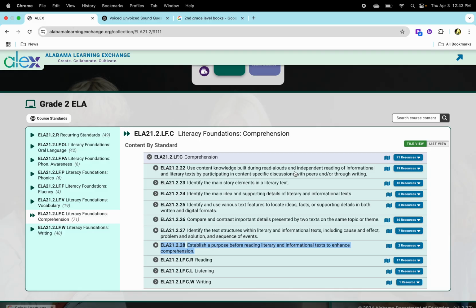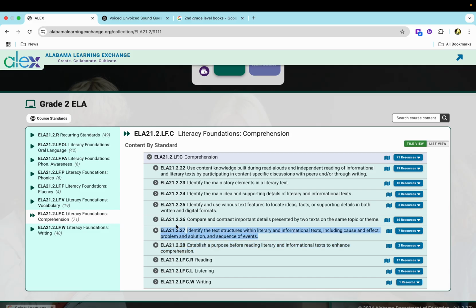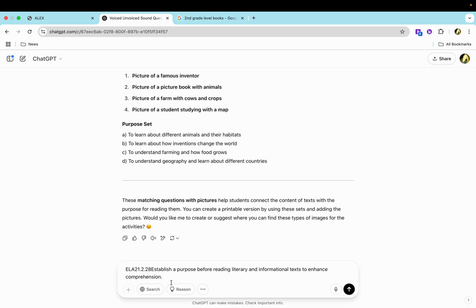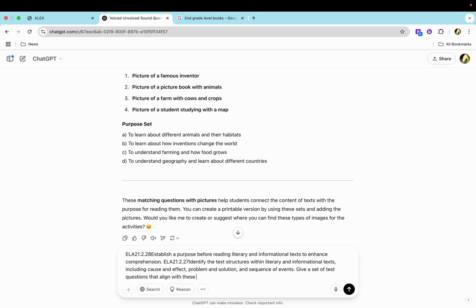Now, keep in mind, you're given these standards, so all you have to do is copy and paste. So if we have 2 standards, we can do 2. So let's see, establish a purpose. Identify text. Let's do 2. Give me a set of test questions that align with these state standards for second grade.